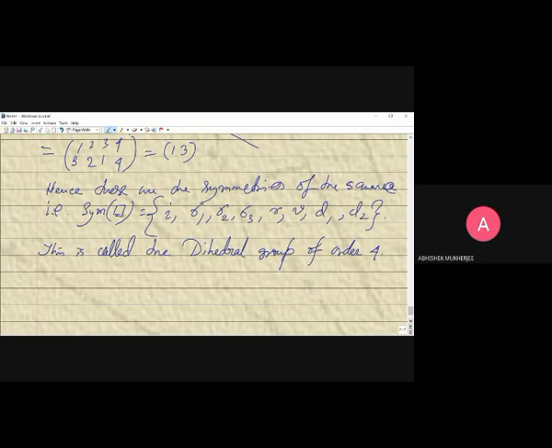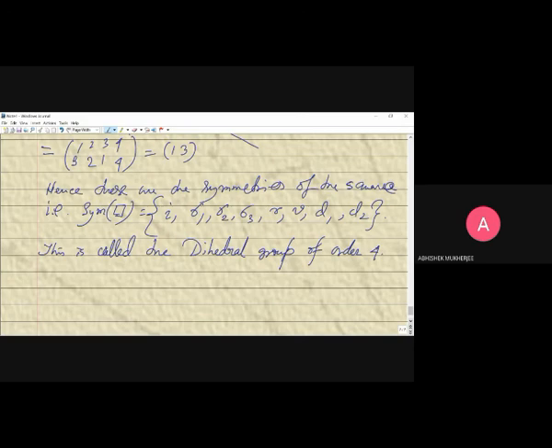contains exactly 8 elements. That is, if you consider in general a regular n polygon and take their symmetries, then you can find all the symmetries in this way, and you will see that there are actually 2n symmetries, and that will be called the dihedral group of order n, which has 2n elements.